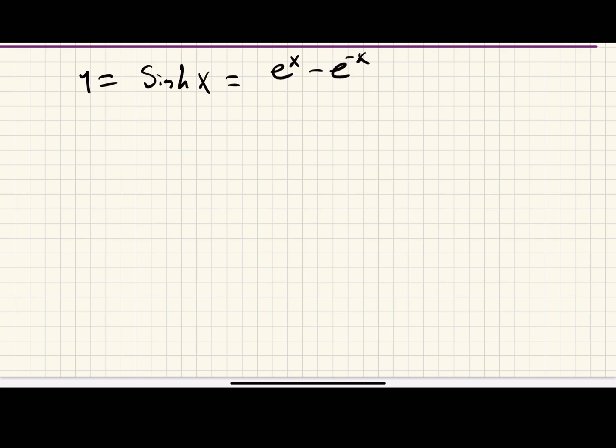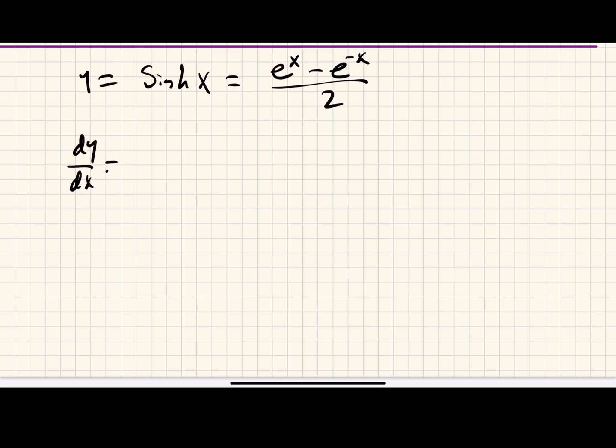Now, let's do this. I tell you what, let's find the derivative of the hyperbolic sine. Let's do that. So if y is equal to hyperbolic sine of x, that means that it's equal to e to the x minus e to the minus x over 2. So let's find the derivative of that.